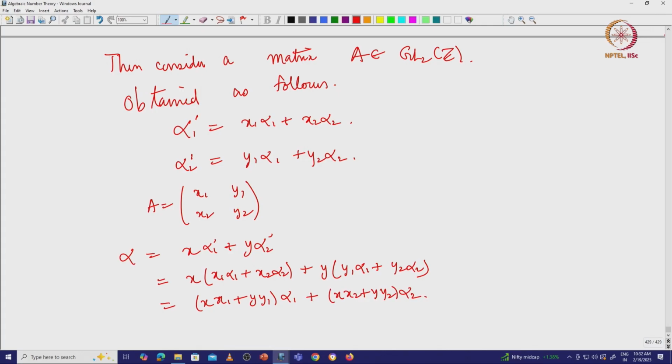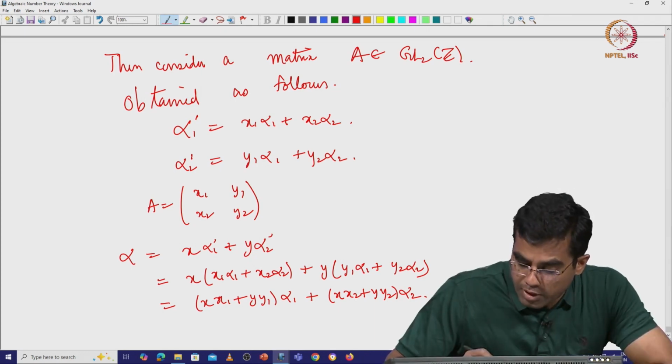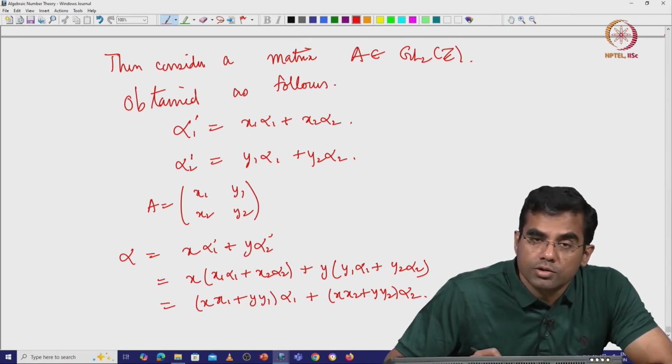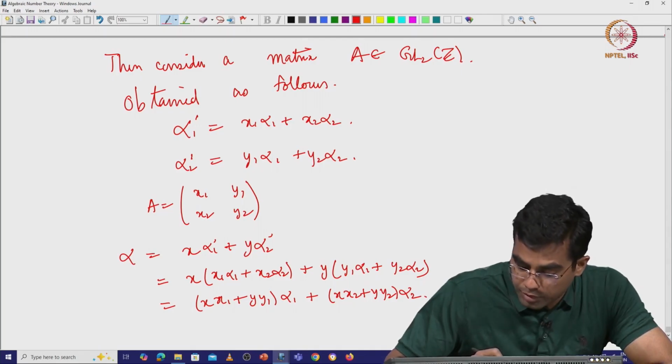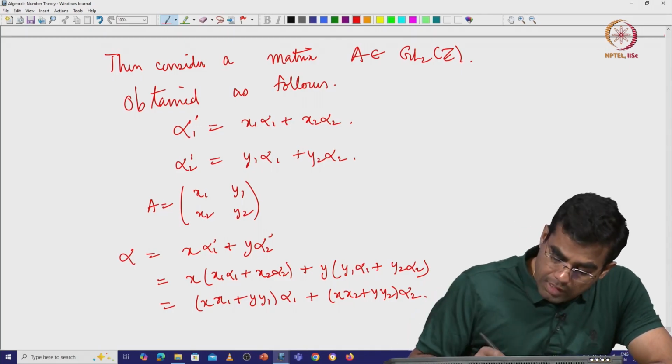So, something that I had written as alpha in the alpha 1 prime, alpha 2 prime basis, I have now written in terms of alpha 1 and alpha 2. And how do I obtain this?